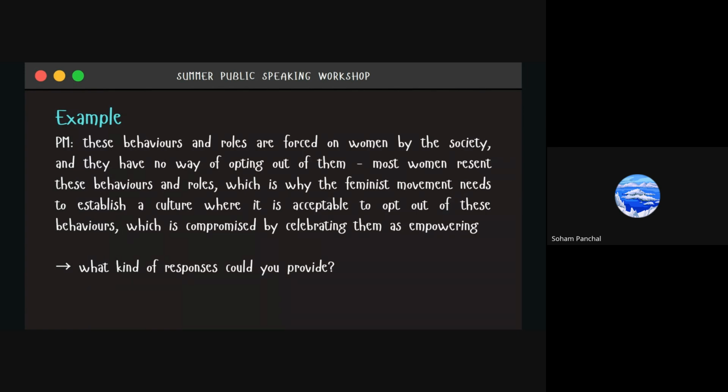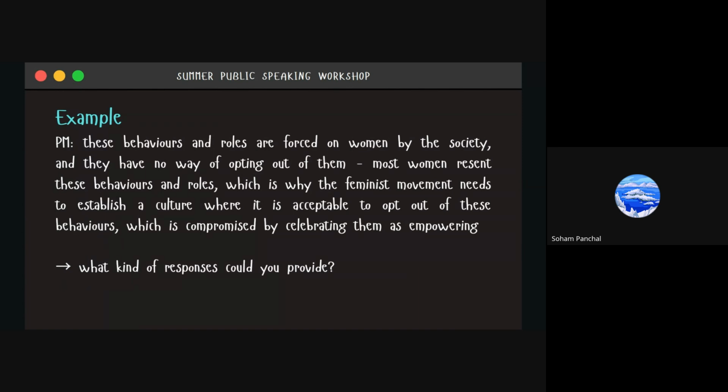So first of all, the thing mentioned by Danya, that these behaviors and roles are, sorry, what the PM is opposing is the case of the government. No, it's not like that.